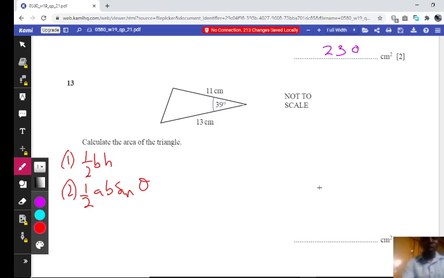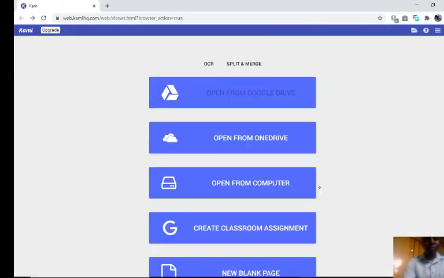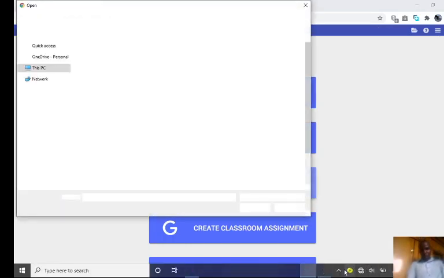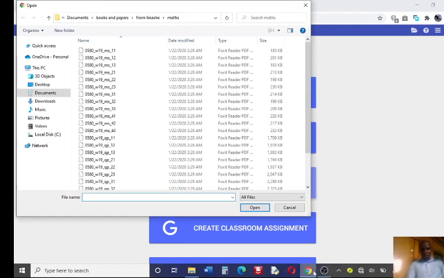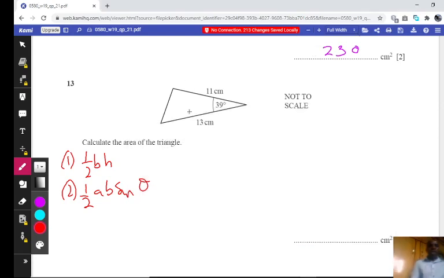So in this case, you say half. All right, so that's the formula for finding the area of a triangle where there is an angle and two sides given and there's no height.